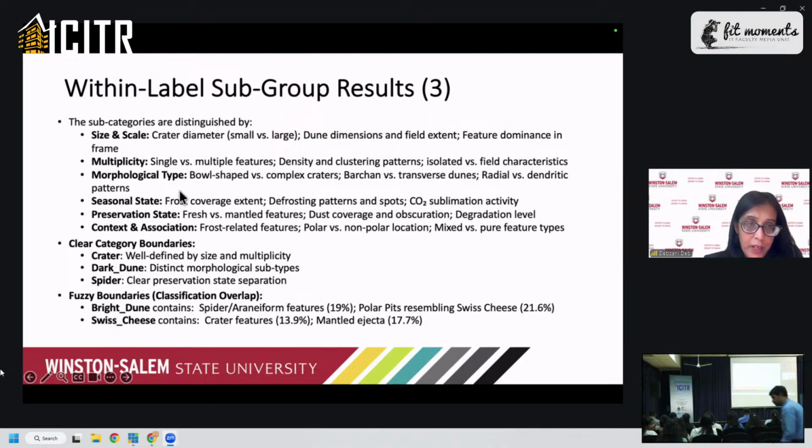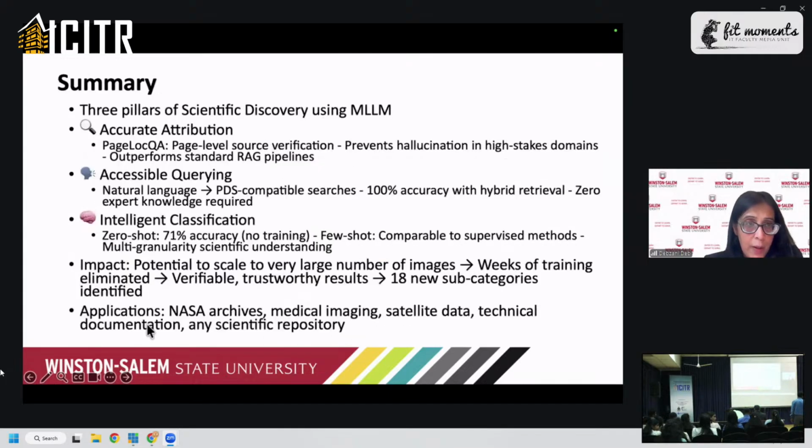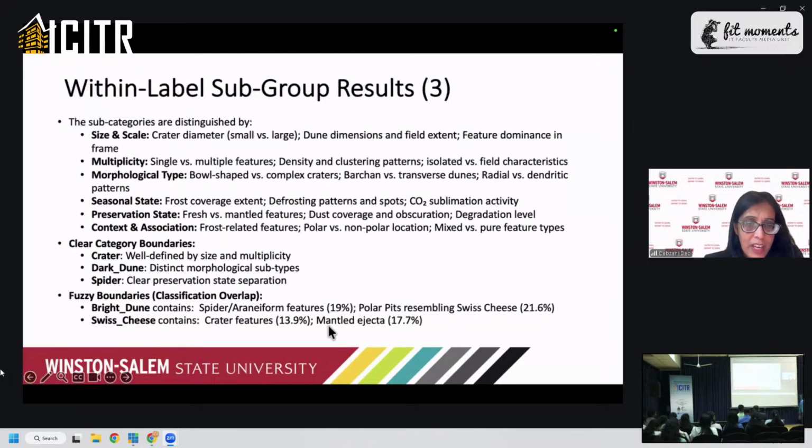There is actually a critical finding here. After going through all those results, we identified that the spider, although it is a separate class, has some images or characteristics that also belong to the bright dunes pictures, and some of the impact ejecta characteristics also belong to the Swiss cheese feature.